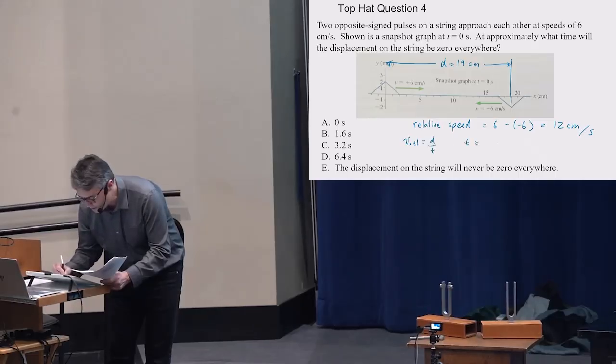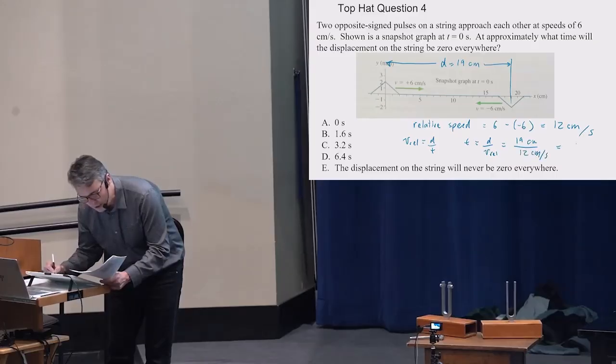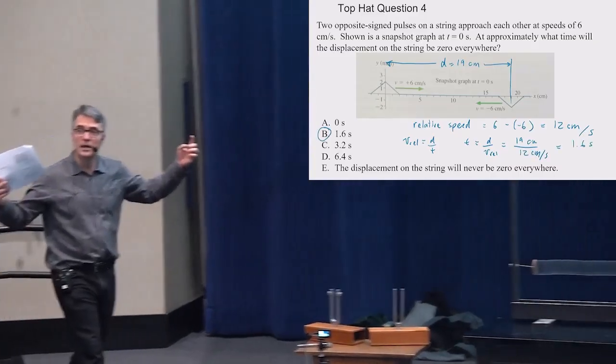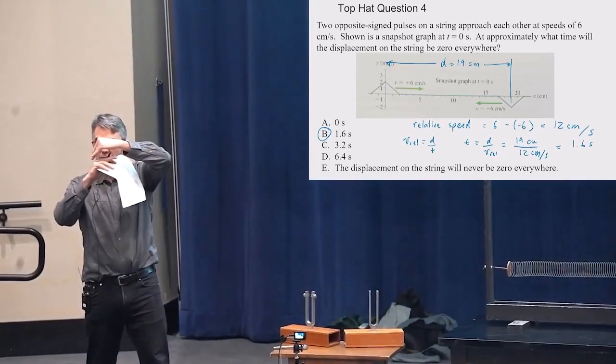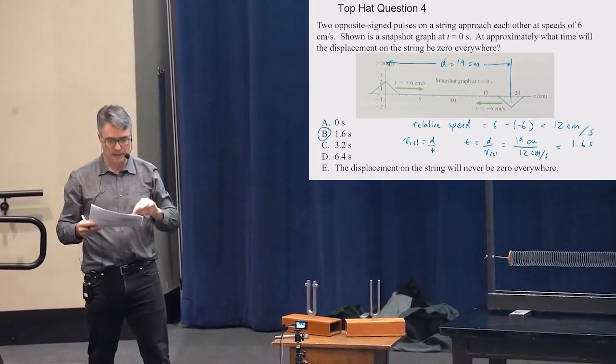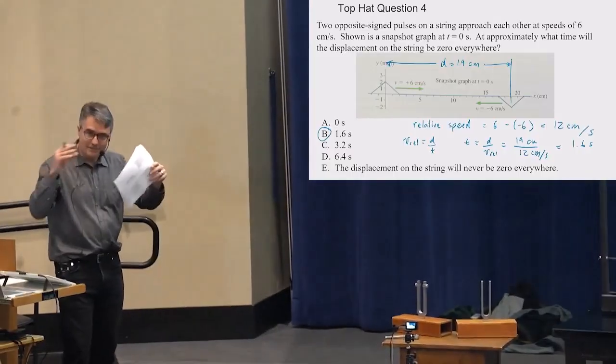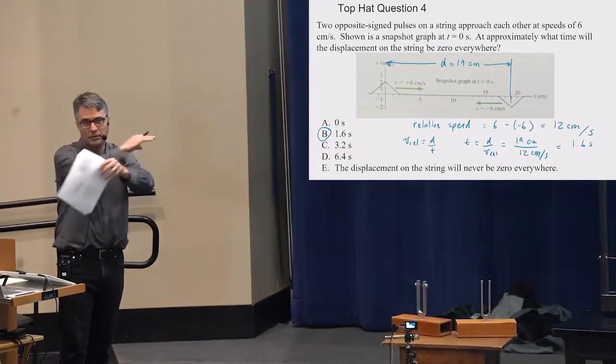So the time is going to be d divided by v relative. So 19 centimeters divided by 12 centimeters per second, and I got 1.6 seconds. Makes sense. At that point, the upward triangle is going to overlap with the downward triangle, and they're going to perfectly cancel each other out, just for a moment, and then that energy will come back as the pulses pass right through each other.